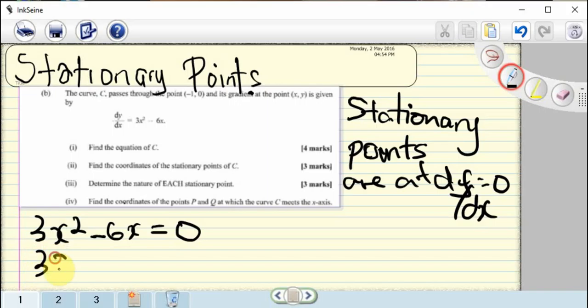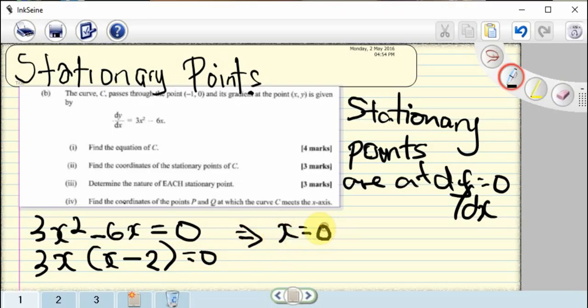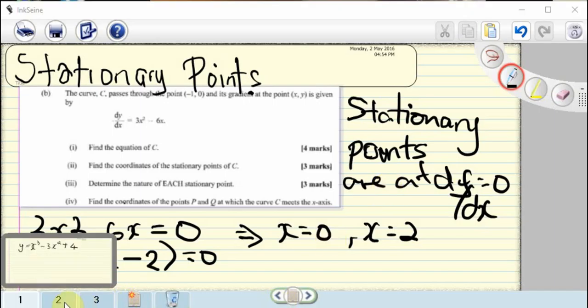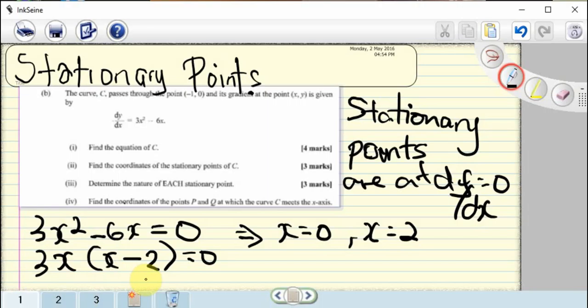If we factorize, then we end up with 3x times x minus 2 equals 0, which implies that x is going to be equal to 0 and x is also equal to 2. Alright, now that we have our x values, we need to find our y values, and that is simply by plugging in our x values in the equation, right?